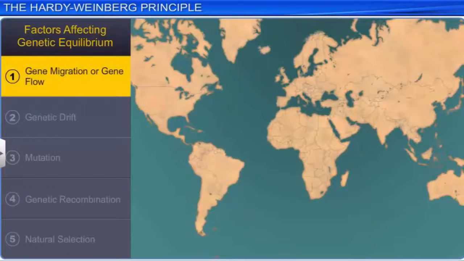Migration impacts the equilibrium because when a population moves from one place to another, there are changes in the gene frequencies of the old and the new populations. Therefore, while new genes are added to the new populations, they are lost in the old population.